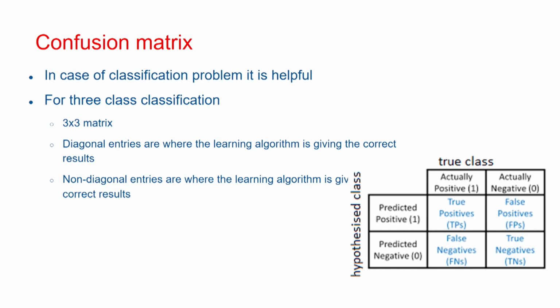It means there are 100 instances that are true negatives: these 100 instances were actually negative, and the machine learning algorithm also predicted them as negative. So this is a very important concept in machine learning, the confusion matrix, and the meaning of these 4 entries: true positive, false positive, false negative and true negative.